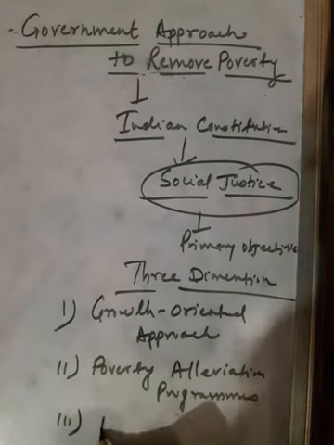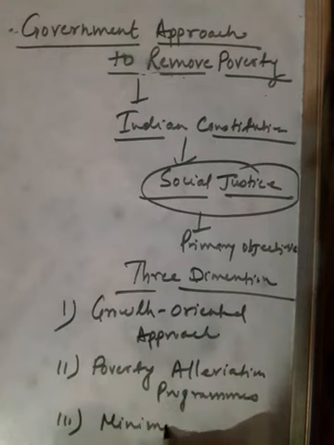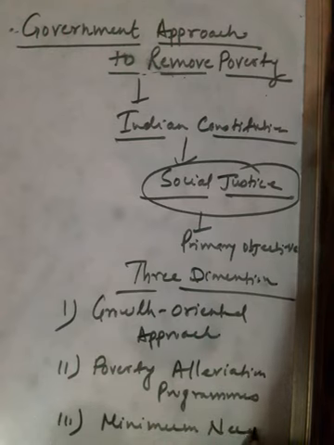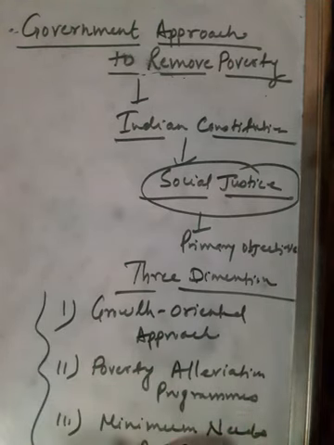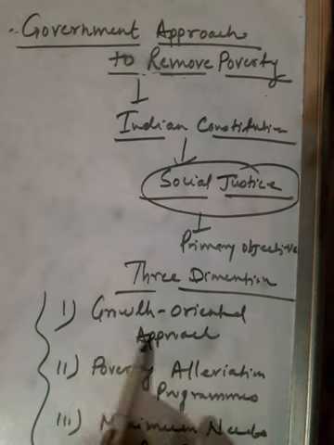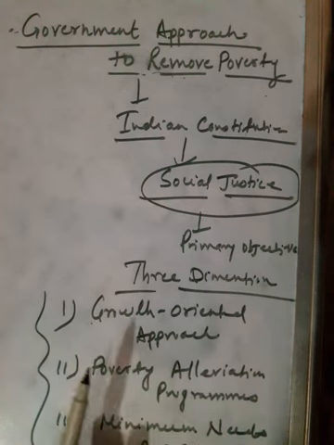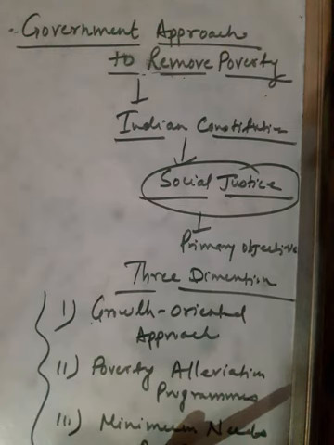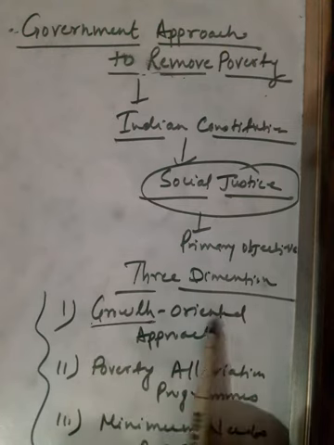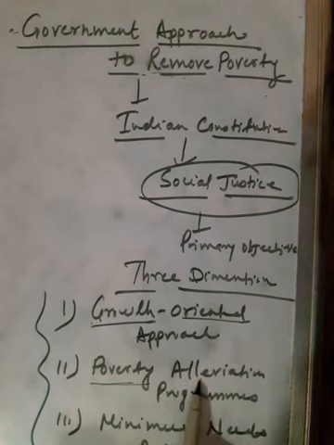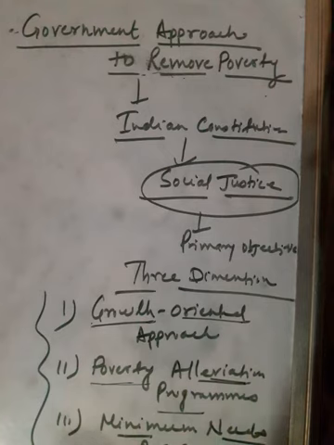And third is the minimum needs program. These are the three dimensions. Through these three approaches, the government tries to reduce poverty in our country: the growth oriented approach, the poverty alleviation program, and the minimum needs program.